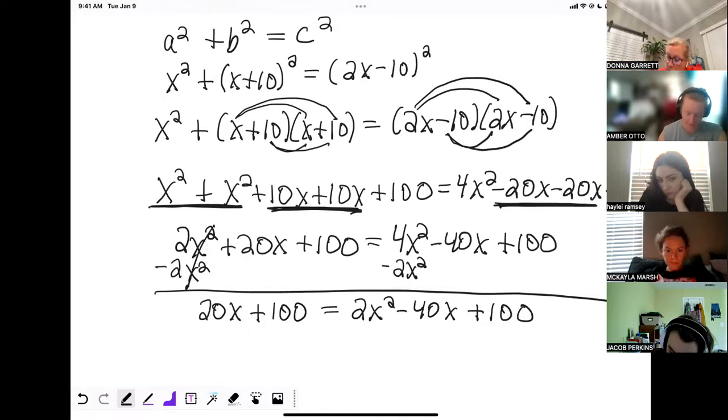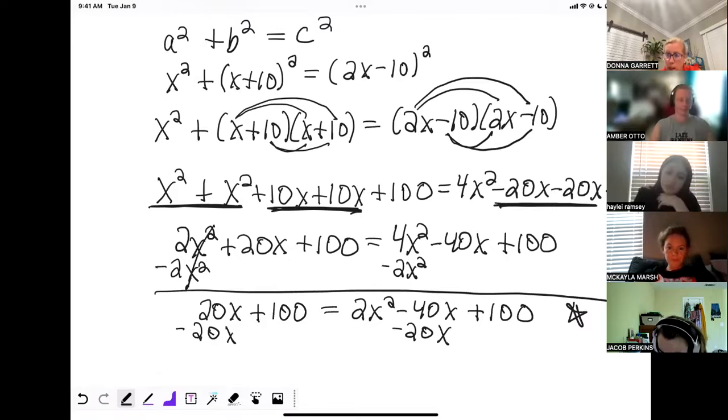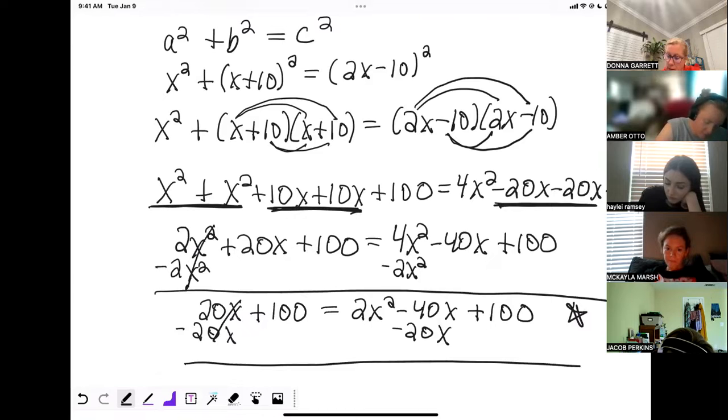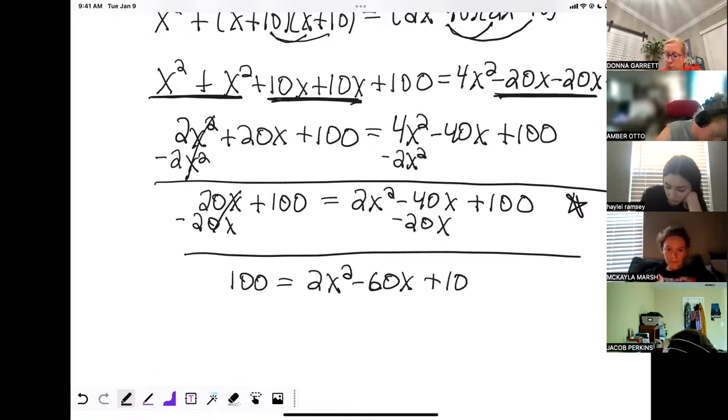Now I've got my x squareds over on this side, and now I need to get my x's together. So I'll subtract 20x, subtract 20x. Notice how I line them up under each other so that I don't add or subtract the wrong thing. So I have 100 is equal to 2x squared, negative 40 minus 20, negative 60x, plus 100.